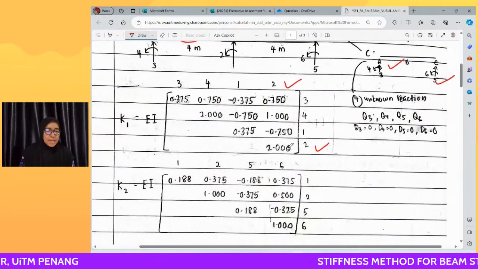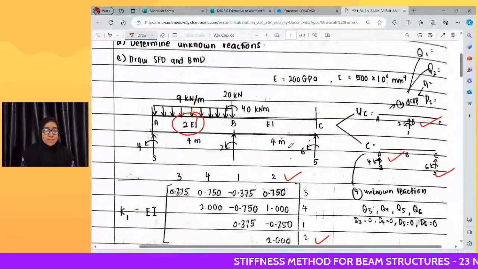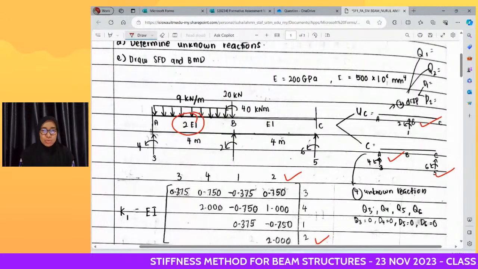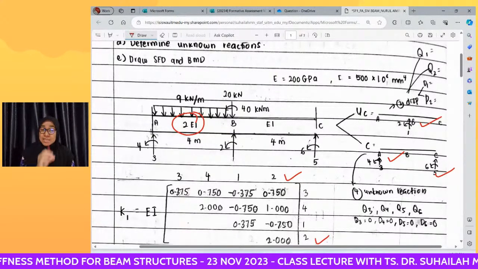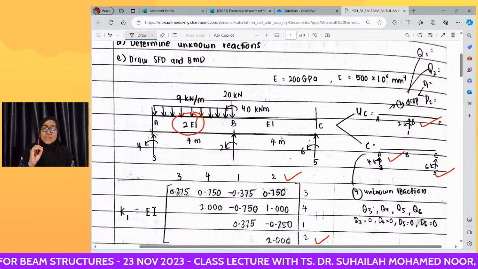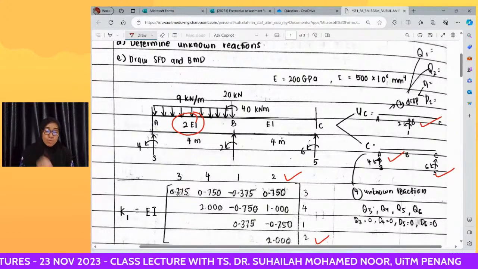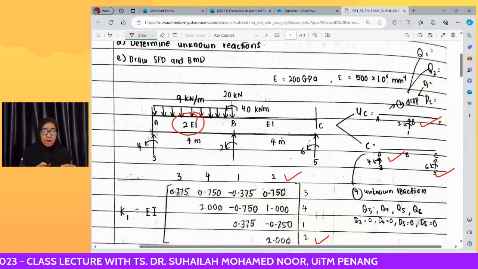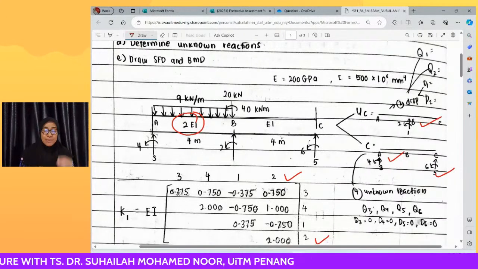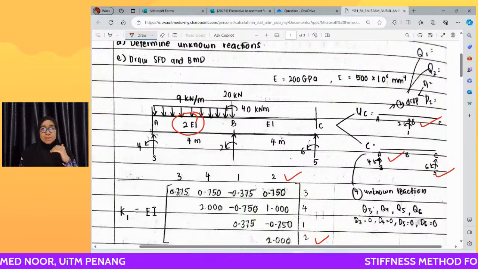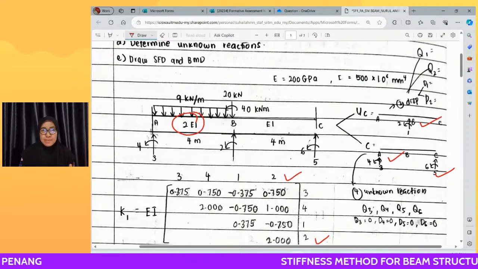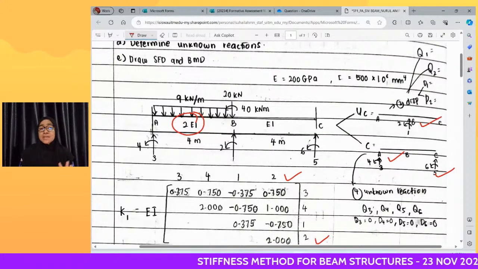Okay, so for K2 the label is 1256. You must follow this direction, because this is the sign convention. The formula of K is derived based on this assumption: Y upward, Z counterclockwise, which means you cannot change direction.